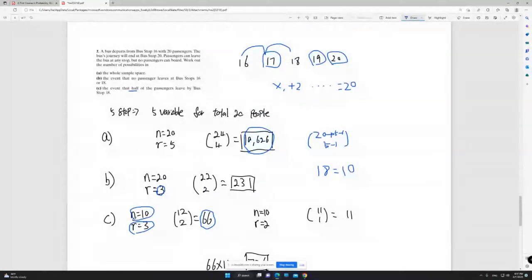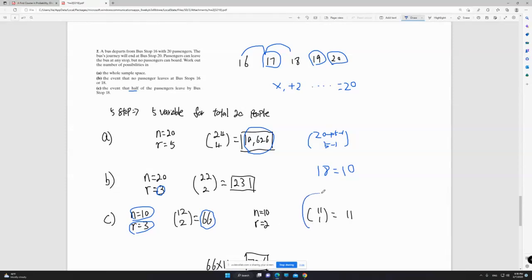And since there are 10 people left, n will be 10. By bus stop 18. That's why for 16, 17, 18, you only consider these 3 variables adding up to 10. Okay, now I understand. Yes, n equals 10, r equals 3. Great.